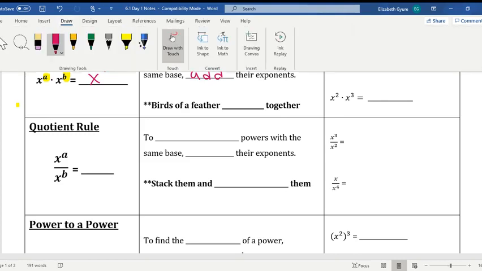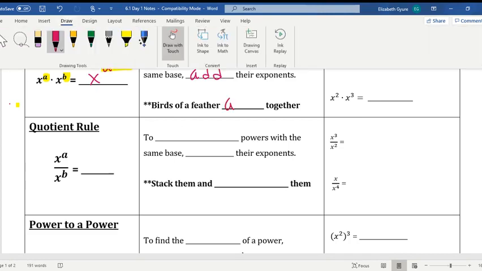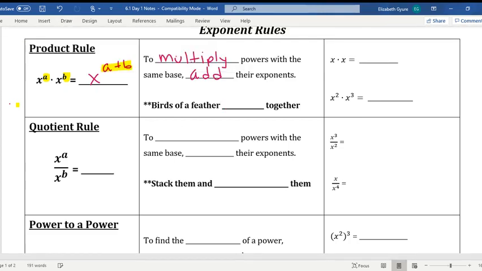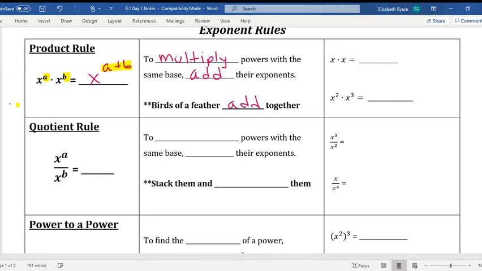And there's a cute little way to remember it, and I'm not much into cutesy ways of remembering things, but occasionally I'll throw them at you guys to help you out. The cutesy way to remember this is birds of a feather add together. I didn't make it up. It's just a little rhyme to help you remember it.